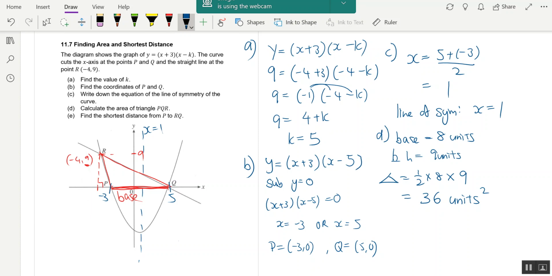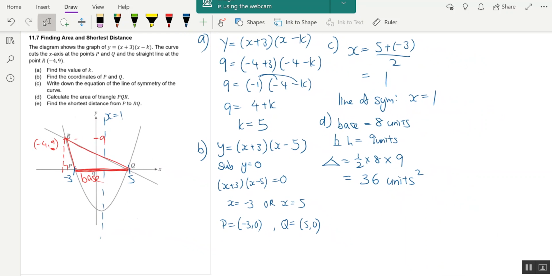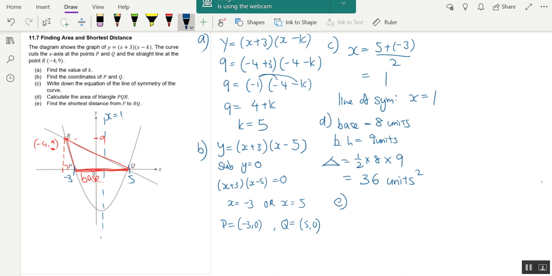Alright, and the last one, that is the most important, is if I want to find the shortest distance. The shortest distance from a point to a line is equals to the perpendicular distance.